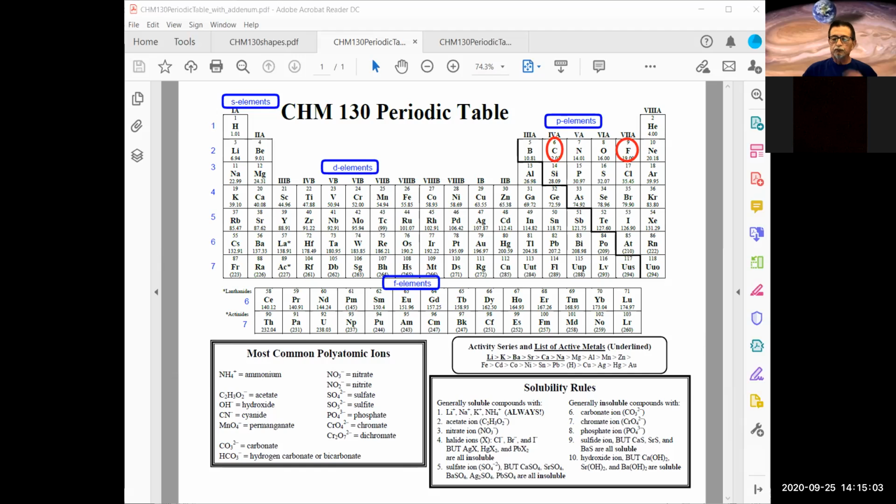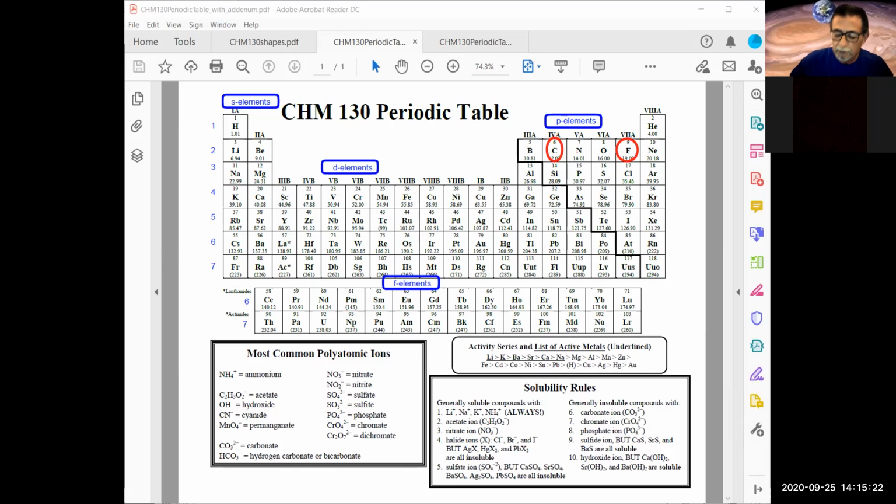Exactly, the fluorine would be not larger. You notice what I said? Fluorine would be not larger in diameter. The carbon would be larger.